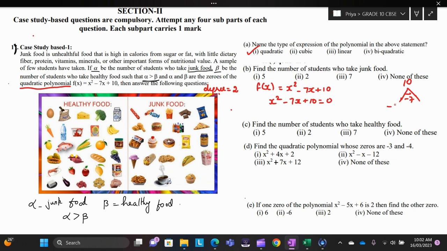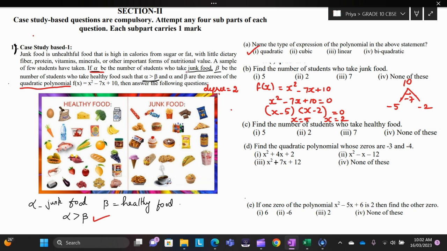So the combination of two roots will be minus 5 and minus 2. So x minus 5 and x minus 2 is equal to 0. Hence the roots are x equal to 5 and x equal to 2. These are the two roots. But I should know which represents the number of students who take junk food. So now come to this condition which is given in the question. Alpha is greater than beta.